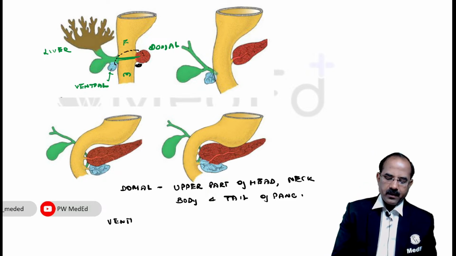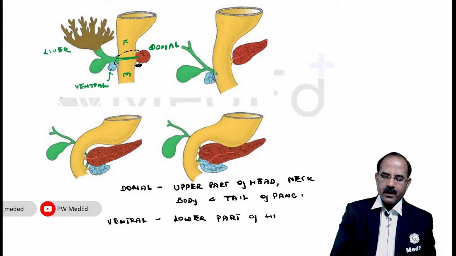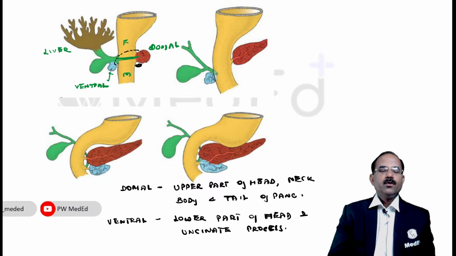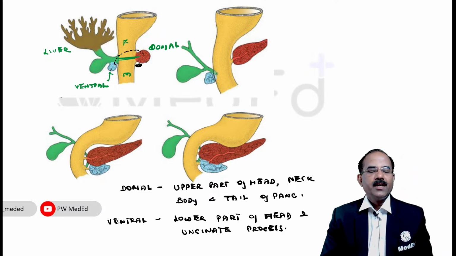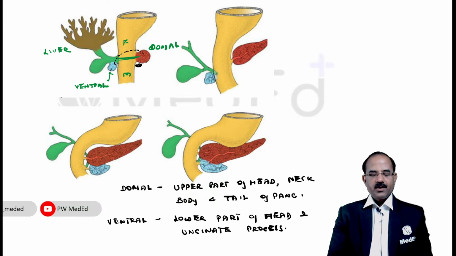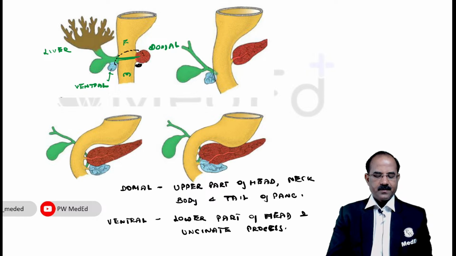The ventral pancreatic bud forms the lower part of the head and the uncinate process. Clear?